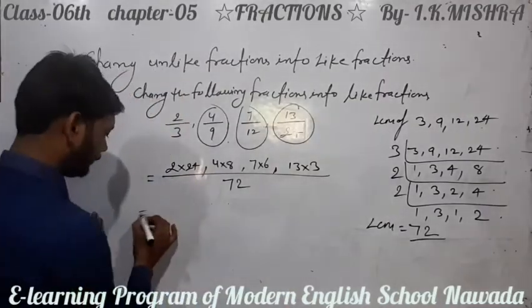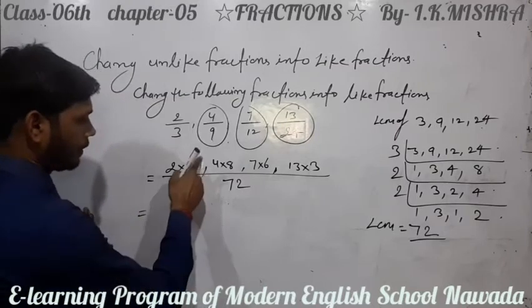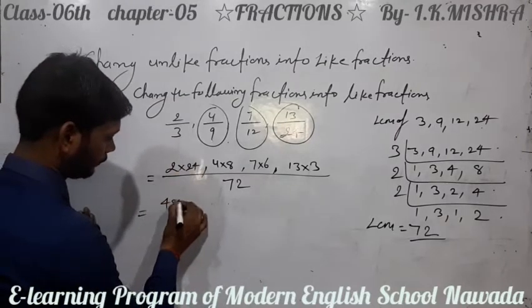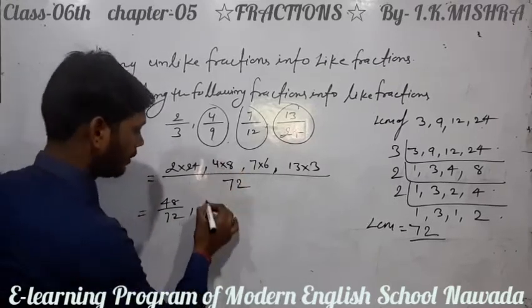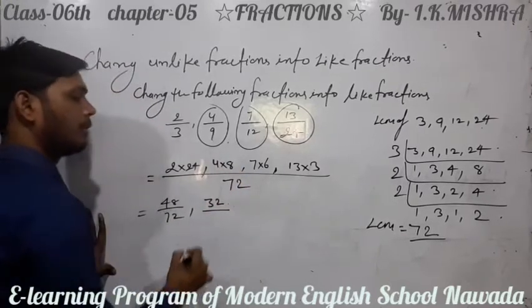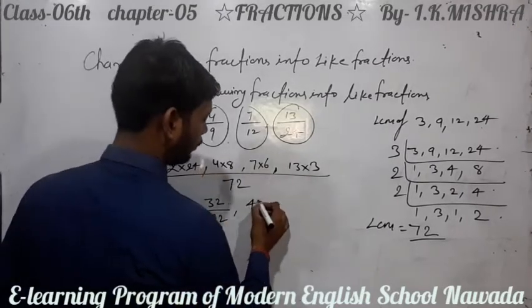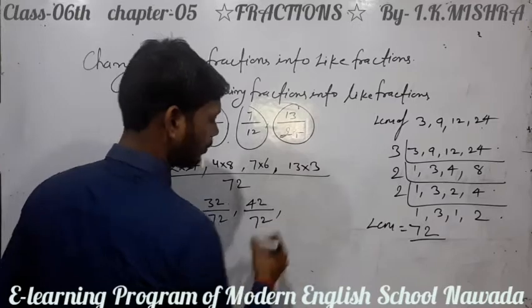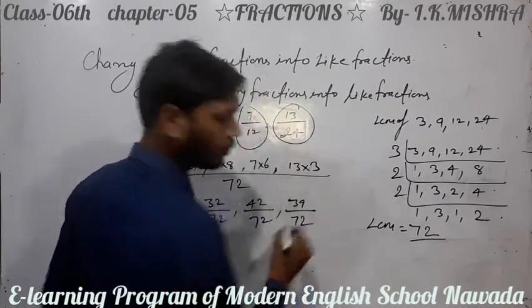After that, here you write 48 by 72, here 32 upon 72, now 42 upon 72, now 39 upon 72.